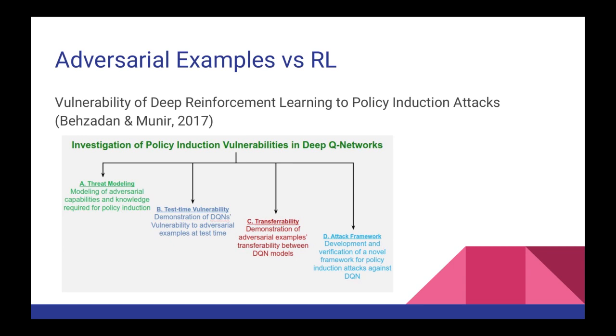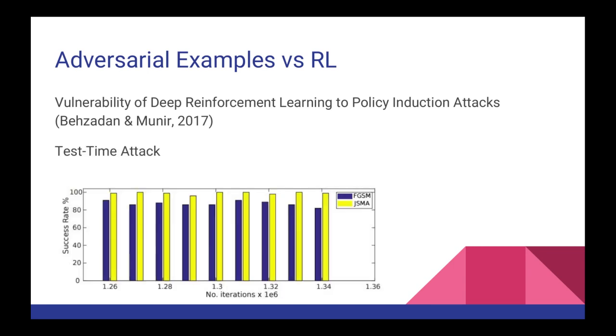We considered both white box and black box attacks against DQN. We demonstrated that DQNs are vulnerable to adversarial examples at test time. We also demonstrated that DQNs are susceptible to transferability of adversarial examples. And we also proposed an attack framework for policy induction, for manipulation of the policy learned by DQN.